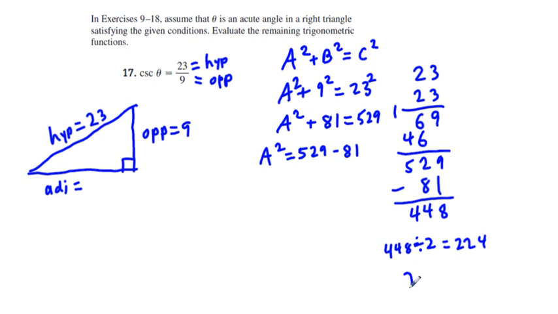And 224 divided by 2 equals 112. 112 divided by 2 equals 56.